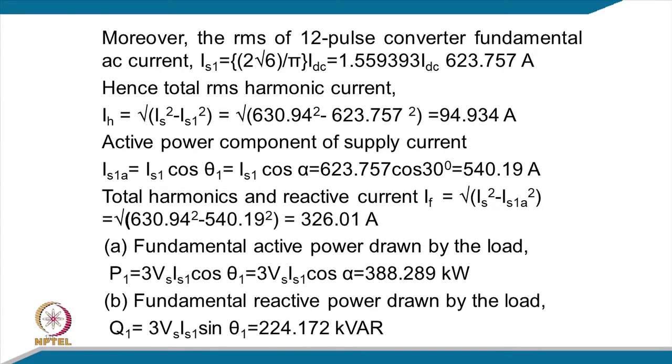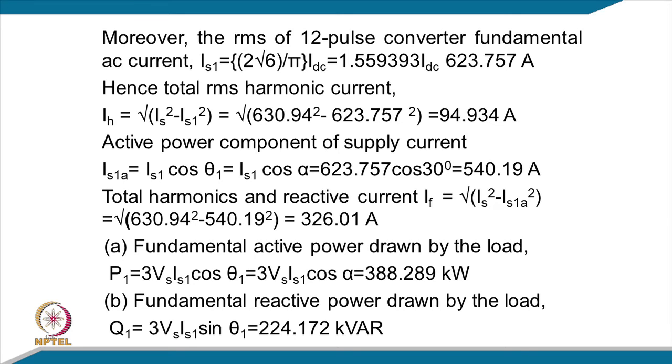Moreover, the RMS current of the 12 pulse, I mean the fundamental AC current, is IS1 equal to 2 root 6 upon pi times IDC. So it comes 623.757, and the total harmonic current will be IH equal to root of IS square minus IS1 square. Putting the value here, it comes 94.934.